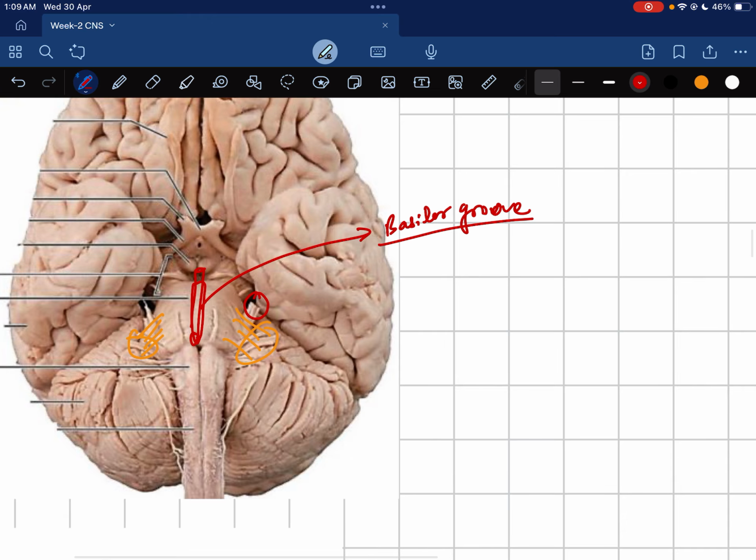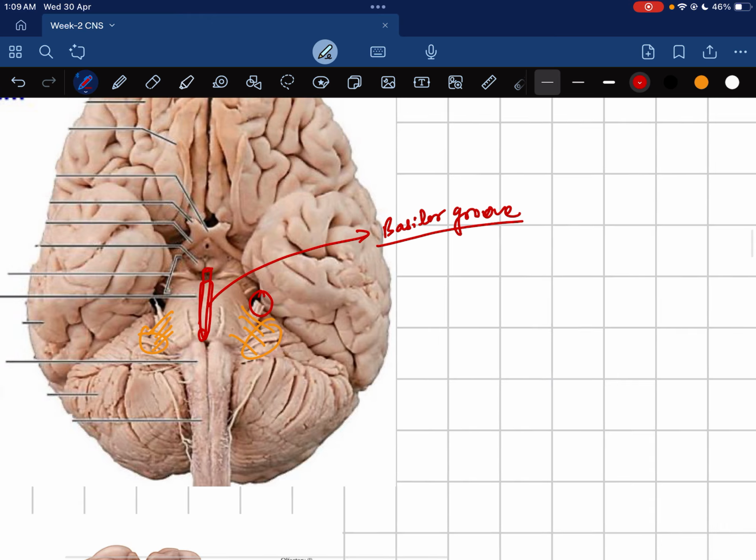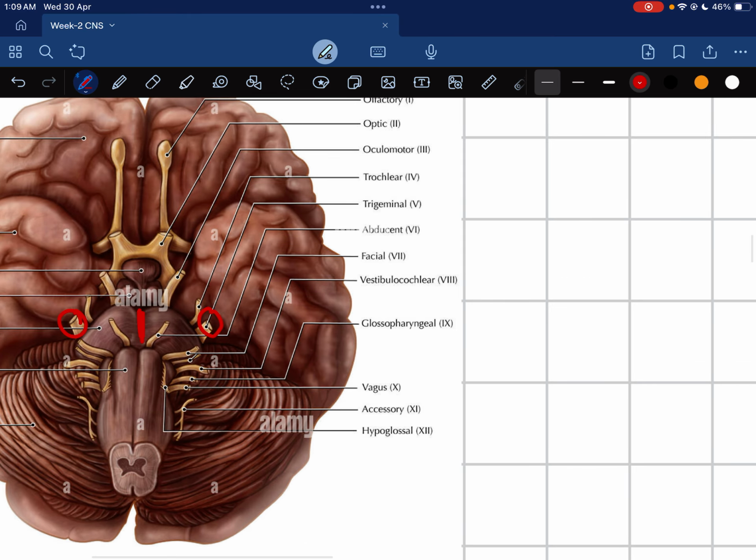We can look in this image. Medial is the 6th nerve, the abducent, then the 7th facial, and then the vestibulocochlear.